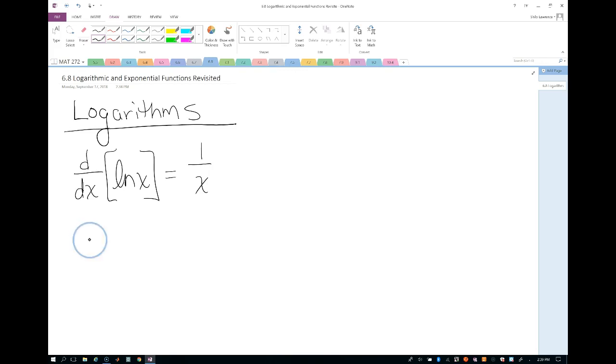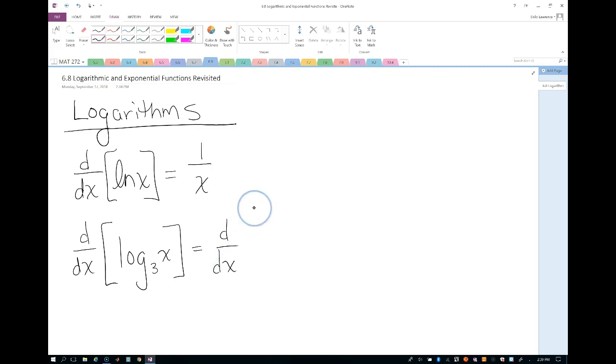If we were asked to find a derivative for a log with a different base, so let's say log base 3 of x, there is a formula that you can just remember, but I think it is more worthwhile to see why this formula comes about. In algebra, we learned something called the change of base formula.